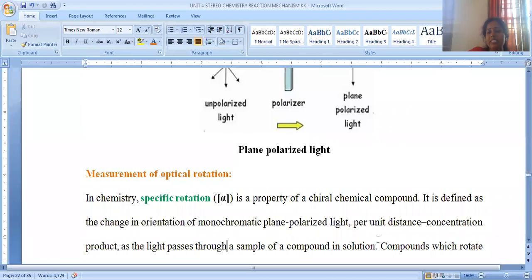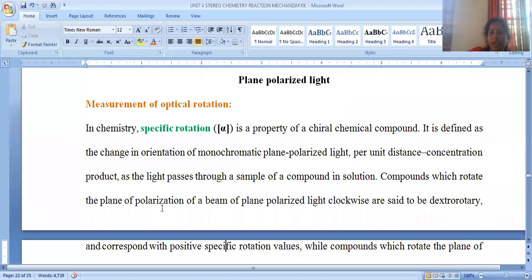How much distance it passes and how much rotation occurs is called its specific rotation. Unit concentrated solution, plane polarized light per unit distance, that is a property of the chiral center. The change in orientation, the extent to which it is rotating, is called its specific rotation.